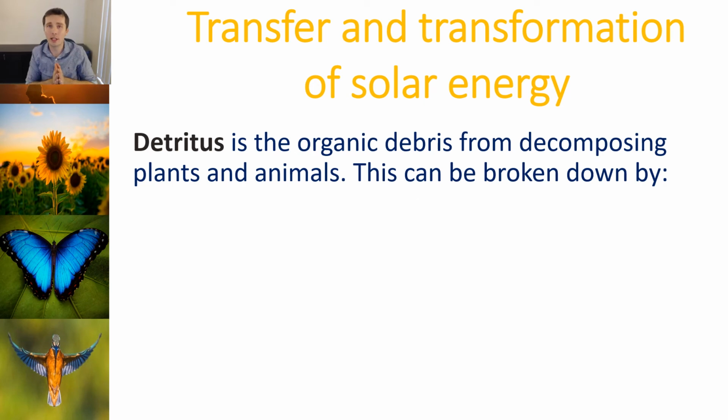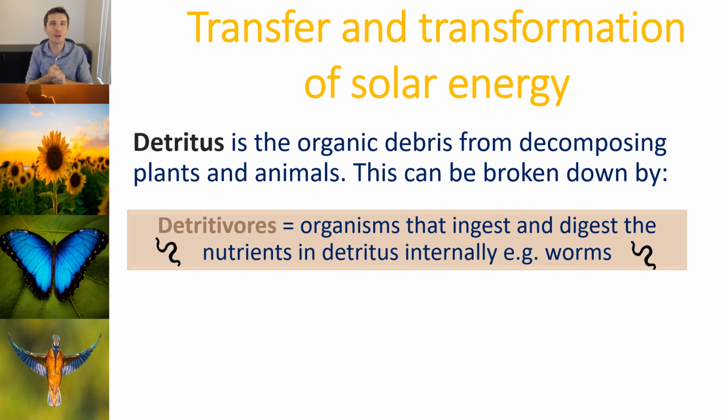So other organisms that are involved in the transfer and transformation of energy throughout ecosystems come under this idea of breaking down detritus. Now, detritus is the organic debris. I do know the movie Tenet used it to mean war debris, but it is the organic debris from decomposing plants and animals. This can be broken down by two organisms, and these guys are the unsung heroes of our ecosystems. And the first one are detritivores.